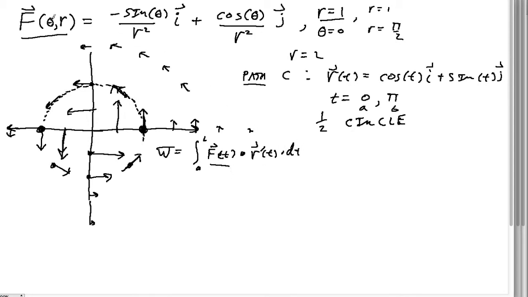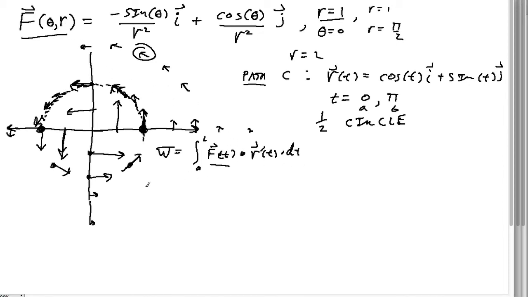We know f for all thetas and all r's, but we need to find what f actually is on the path itself, because that's all we really care about for the vector field. Once we pick a path, what happens out here is irrelevant. We need to just find out what the vector field is indicating on the path itself.